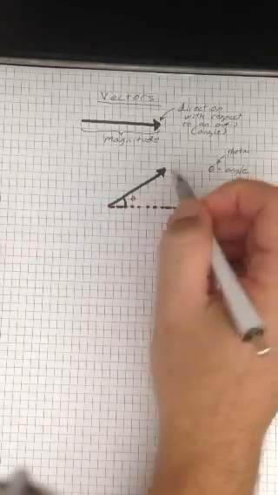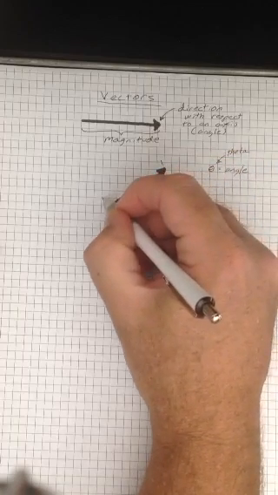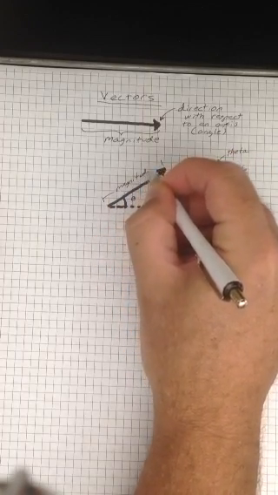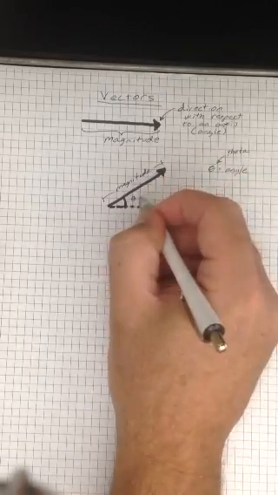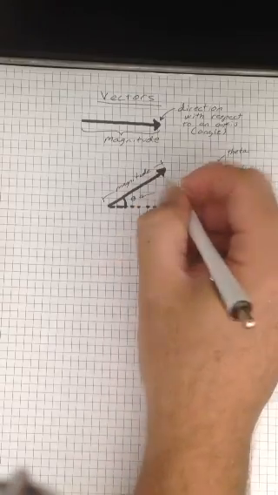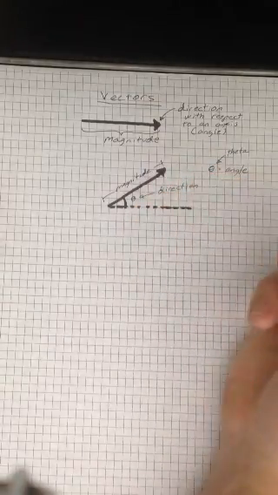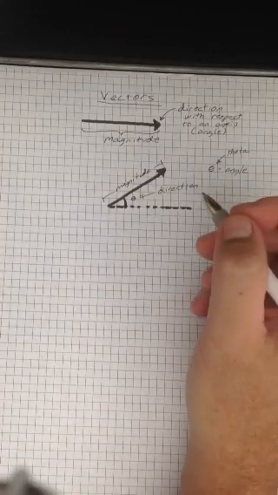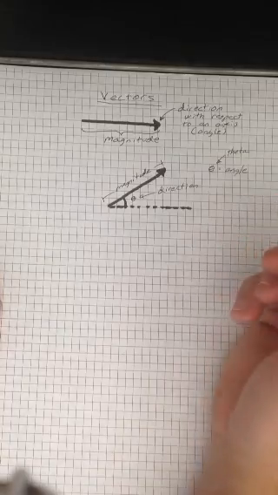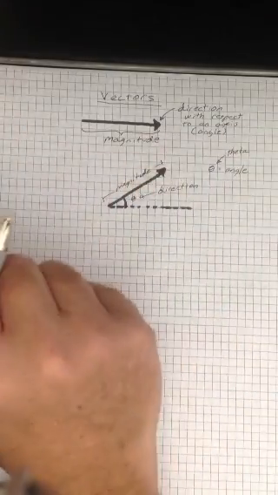So here is our magnitude, our length here, and here we have our direction. That's the thing about vectors: they are magnitude and direction, so they can tell us which way they go, unlike just having a line segment, which only tells us a distance.